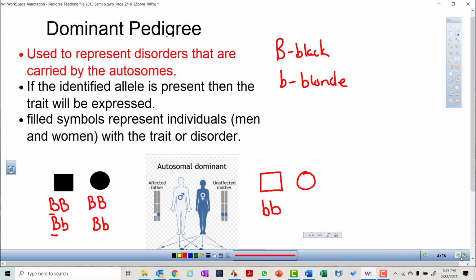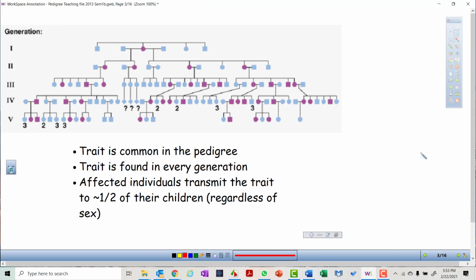So let's see how this looks in practice. If you look at this pedigree, you'll see that anything that is filled in, purple, represents an individual with the trait. So we'll see that all throughout here, I'll just grab my highlighter, we have quite a few individuals with traits. Now, when you're looking at a dominant pedigree, on a test situation, I would ask you to identify if the pedigree is dominant or recessive.